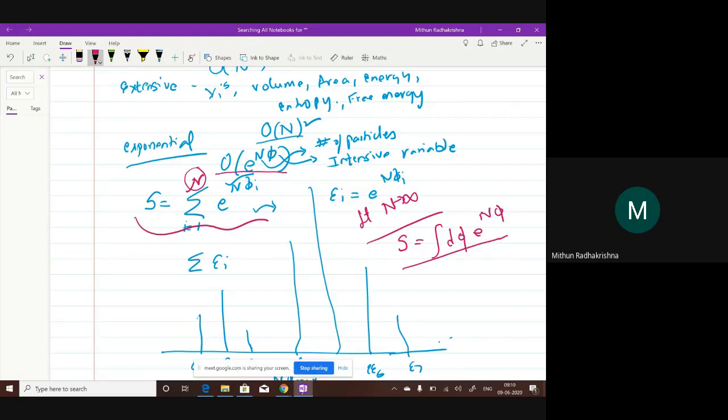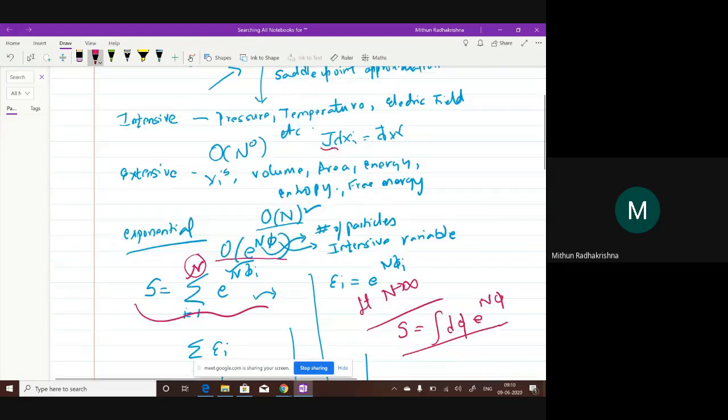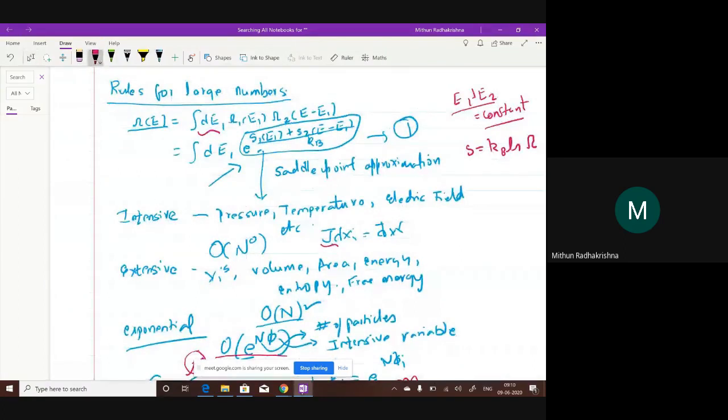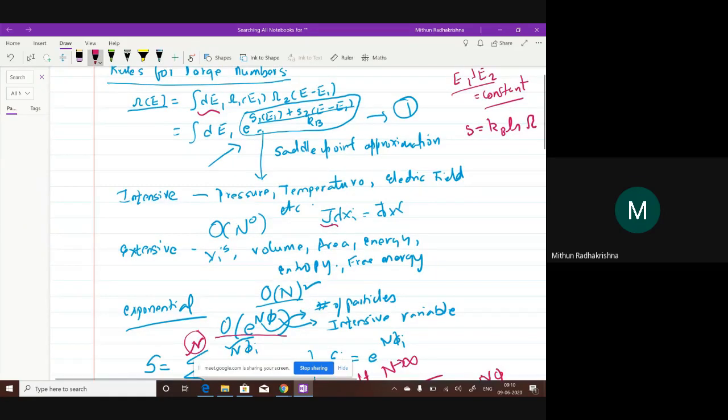So this is similar to what we have here, right? I have dE e to the power S of E, and we'll see that S, your entropy, is nothing but an extensive function. So it goes as order N. So I can write e to the power N times phi. Phi is the intensive property.